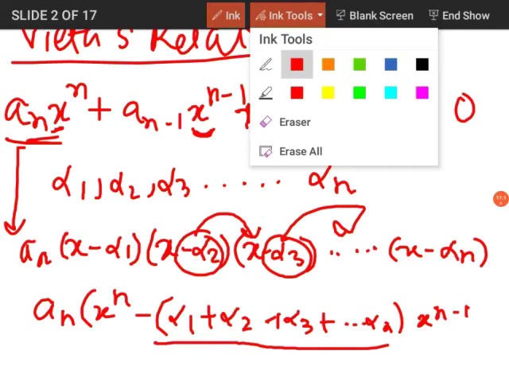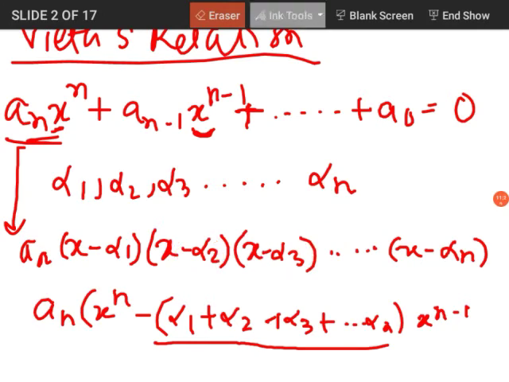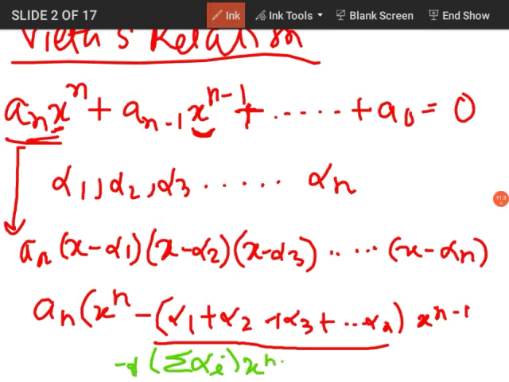Now why minus? Because here is minus and there is plus, right? So minus will remain there. Or how can I write this? Can I write this as sigma alpha i times x raised to the power n minus 1?